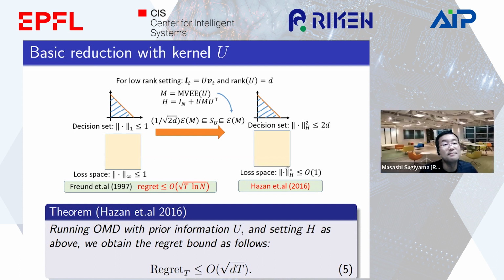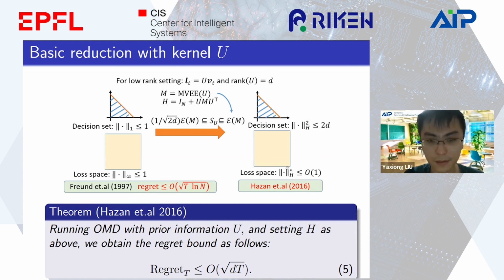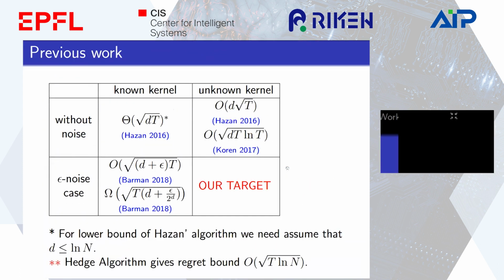Zhao Kai? Hi, thank you for your talk. I have a question regarding your previous comment on running the Hedge algorithm and your algorithm in parallel. I'm wondering if we can have a method that performs optimally no matter how large D is.